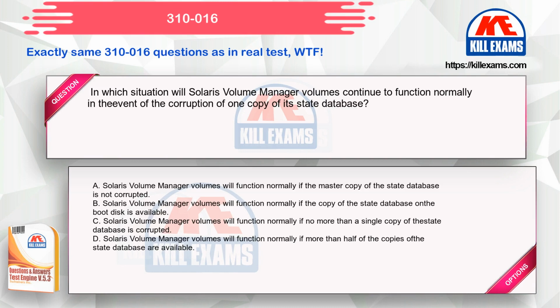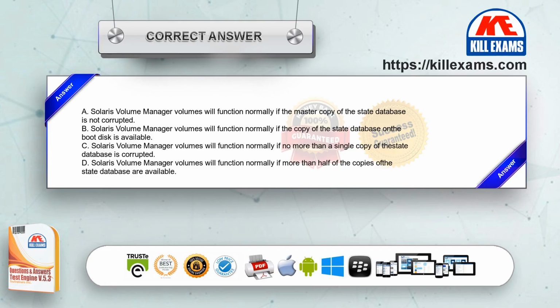Option C. Solaris Volume Manager volumes will function normally if no more than a single copy of the state database is corrupted. Option D. Solaris Volume Manager volumes will function normally if more than half of the copies of the state database are available. The correct answer is option D.